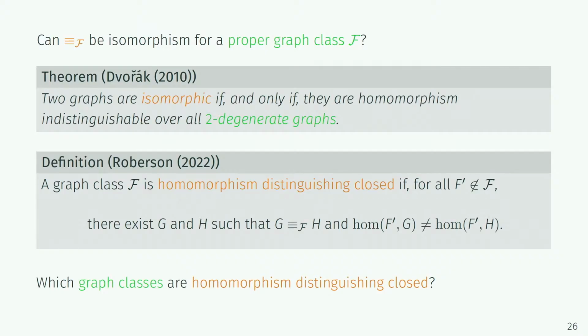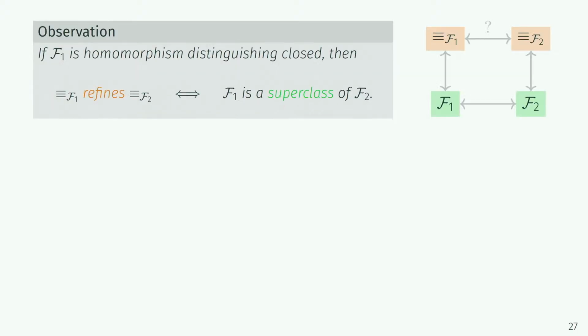I mean, you can always start with a graph class and pass to its closure. They will have the same relation. So we want to understand what these closed graph classes are. We want to hunt down the homomorphism distinguishing closed graph classes. It turns out that proving that a graph class is homomorphism distinguishing closed is quite a complicated endeavor in general. But there are some things known about it, and this is the slide.